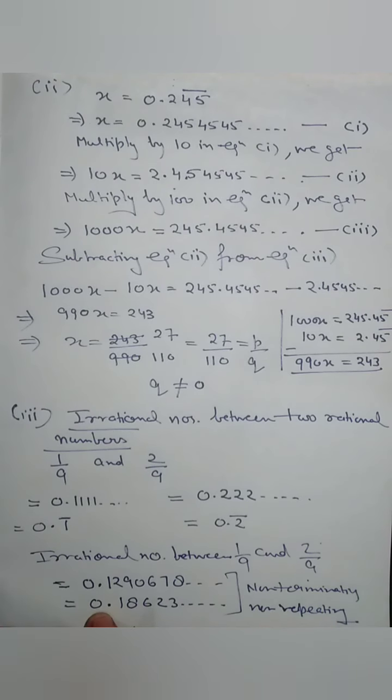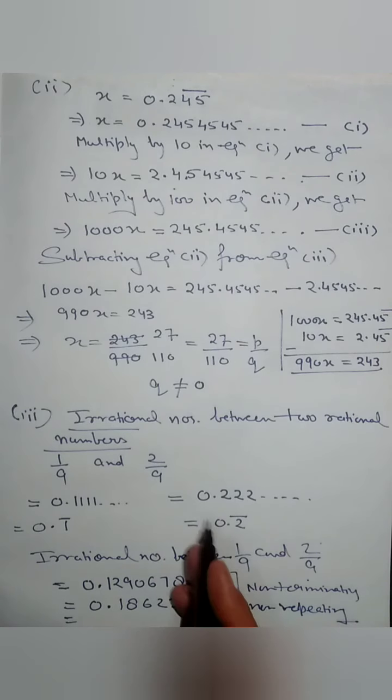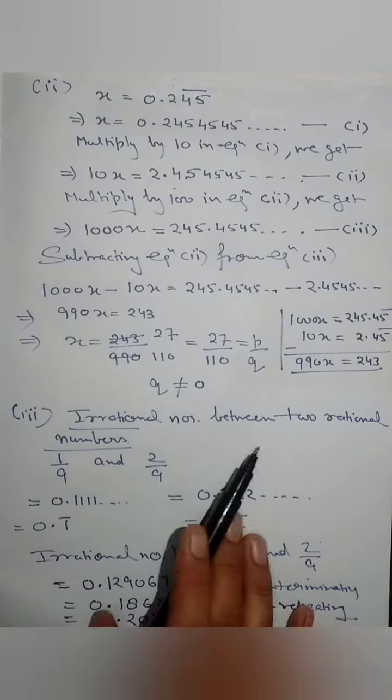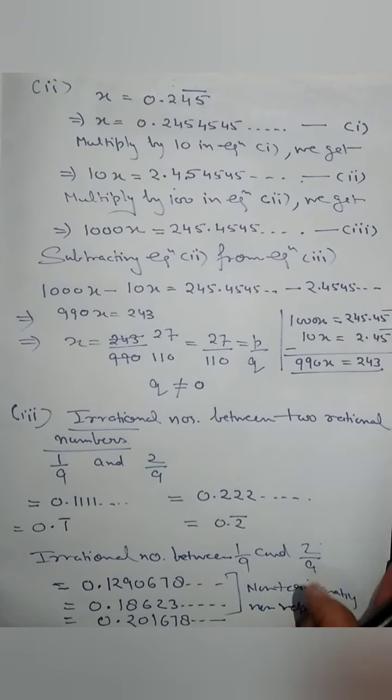There can be infinitely many. You have the choice. One more I am writing here, 0.201678 and so on. In this way we can write many more. This is the method to write an irrational number between two rational numbers.